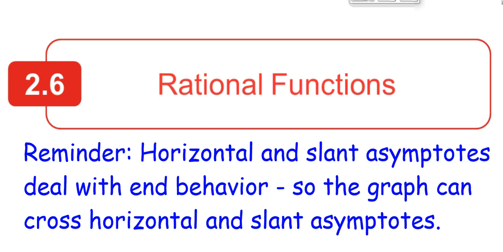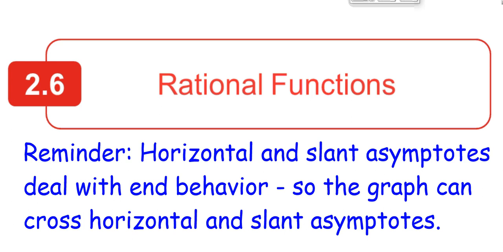Essentially, this is when we have one polynomial divided by another polynomial, and that gives us rational functions. Just a reminder, you've looked at asymptotes before in your life, and when we have a vertical asymptote, the graph can't cross that because it's an undefined value.